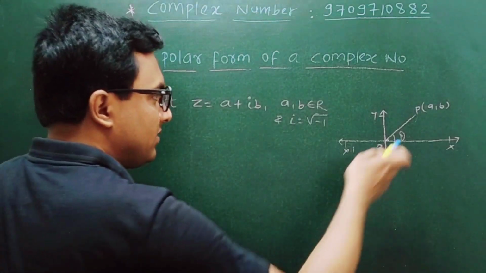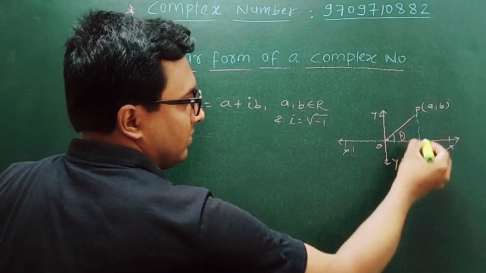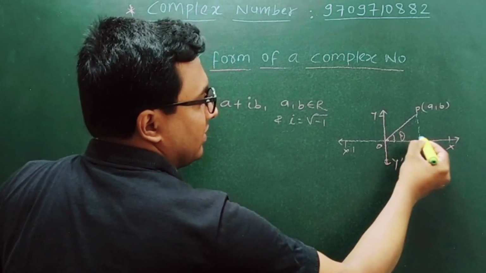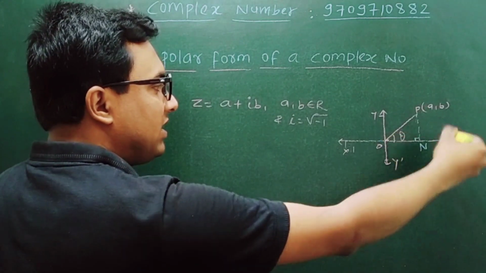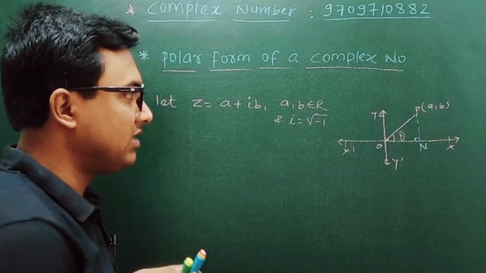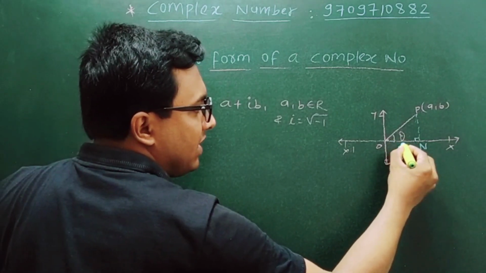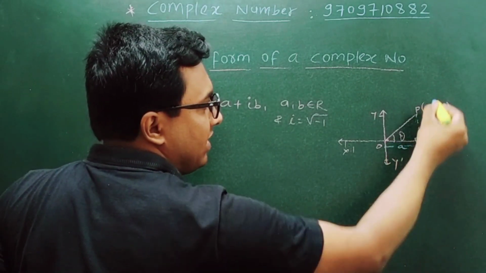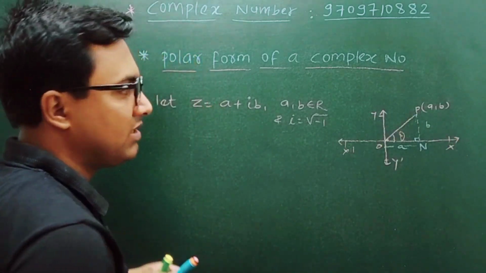Now we join P to N, perpendicular. See here, this is a right angle triangle, right? P is a point (a, b), so ON becomes a and PN becomes b, right?